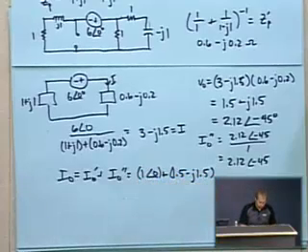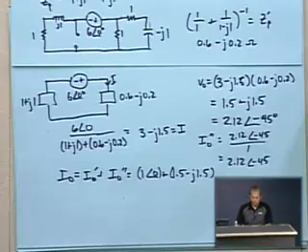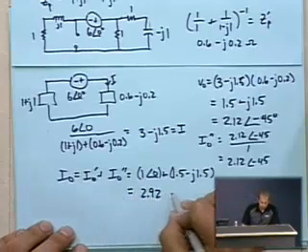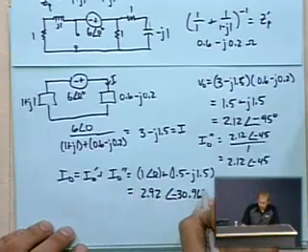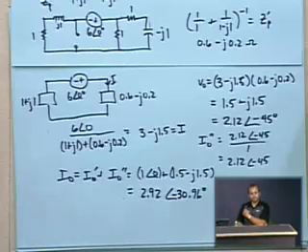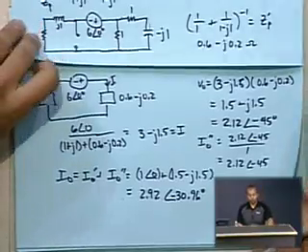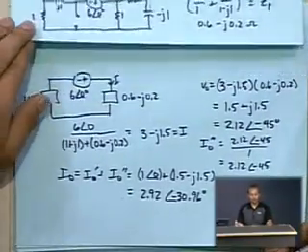So we add those up, 1 plus 1.5, negative 1.5 amps, we get 2.92 at an angle of negative 30.96 degrees. So that continues to work out for us. Okay, so superposition still works, no big deal there.